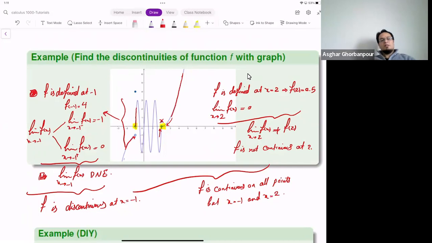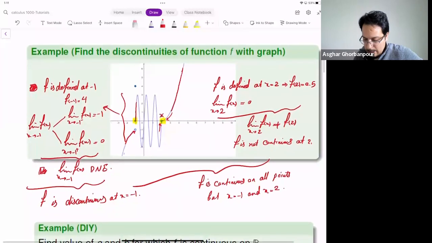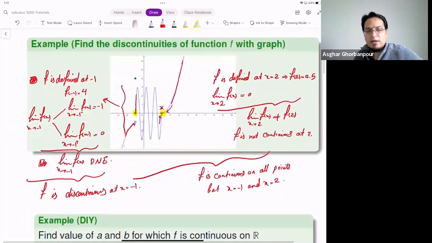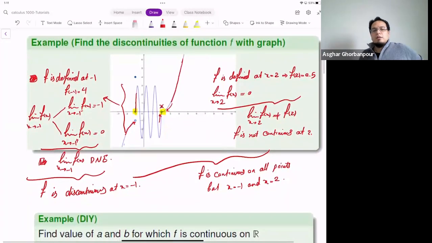Other than that, the graph shows that the function is good and continuous everywhere. Any questions? Any comments? So continuity means not only do you check the limit, you check that the function is defined at that point, and also that these two things are the same.